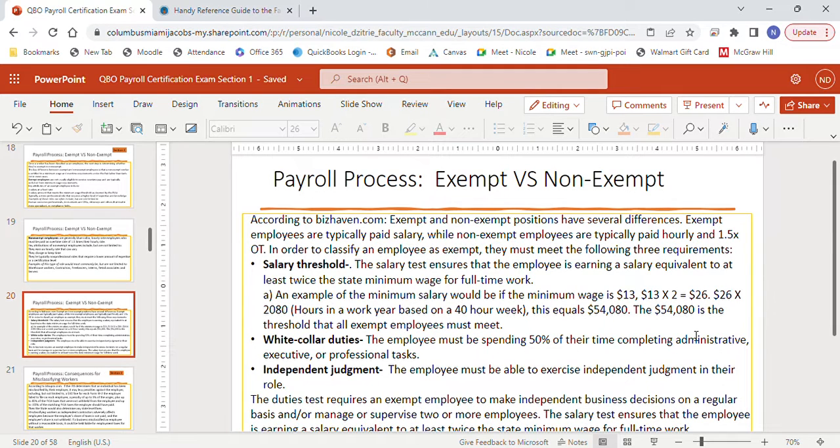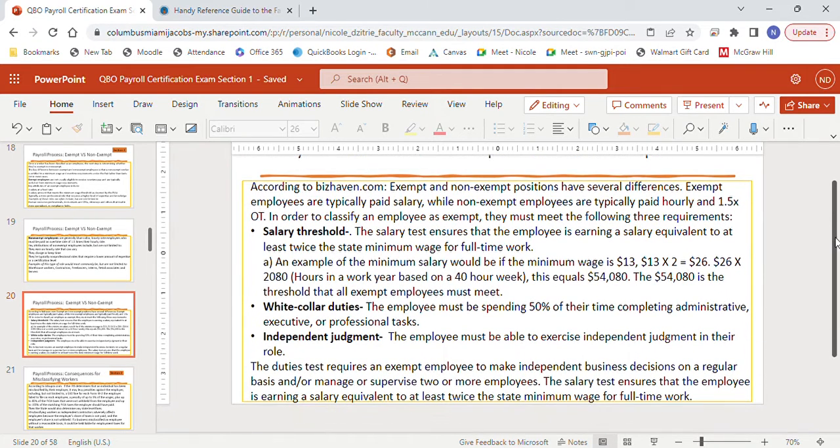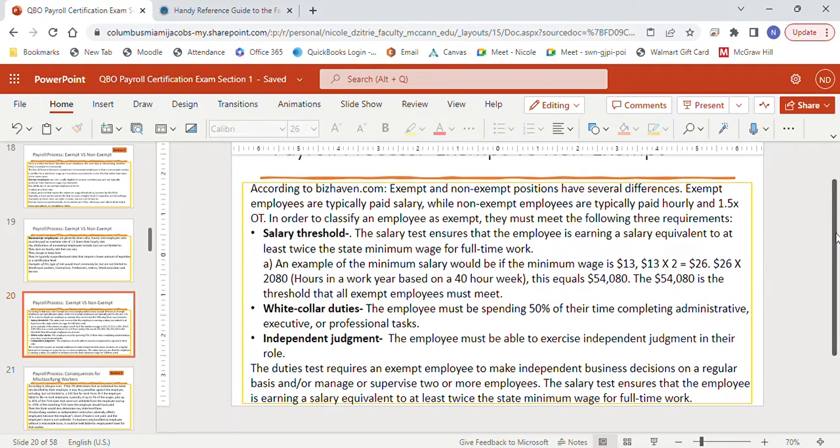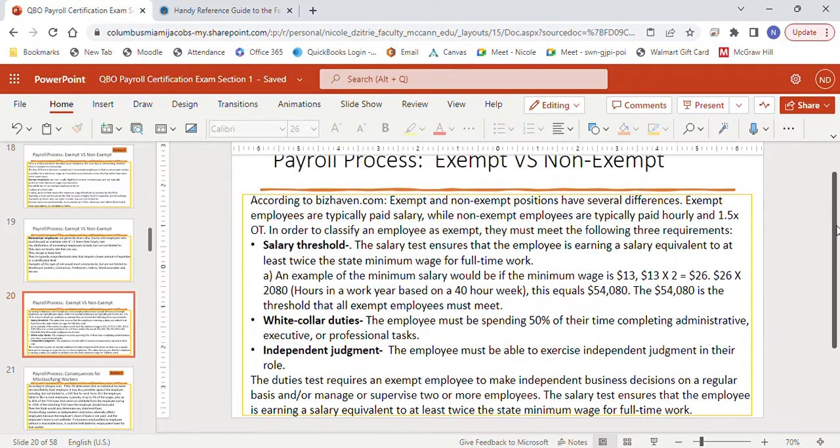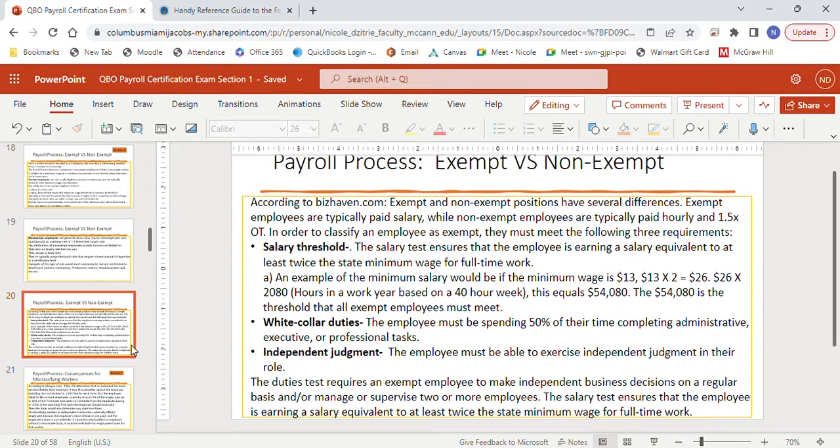So the duty tests require, I had mentioned this the first time, but I just thought this was a good article. BizHaven goes over it pretty thoroughly, defining it a little bit more. Not that you necessarily need it for the exam, but if you were interested in understanding the difference between the two, they go a little bit deeper on this topic.